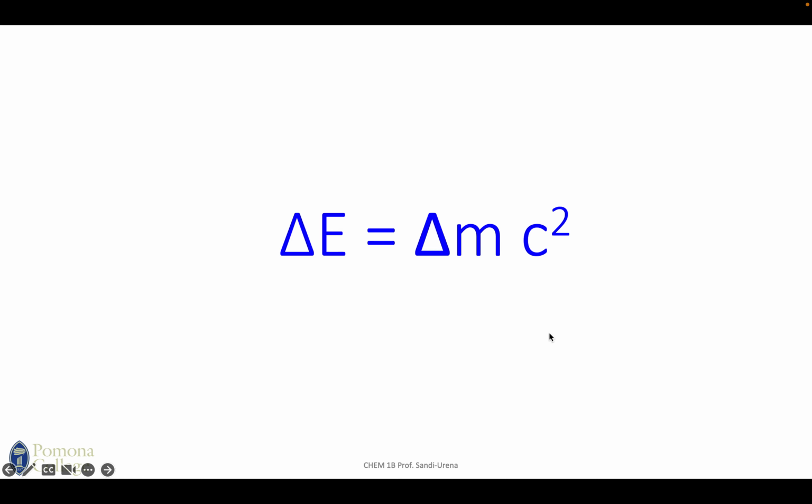So how much more stable would that be? Thank you, Einstein. We will talk more about this equation when we cover chapter 12. But for now, what it tells us is that there's an energy change associated with a change in mass.